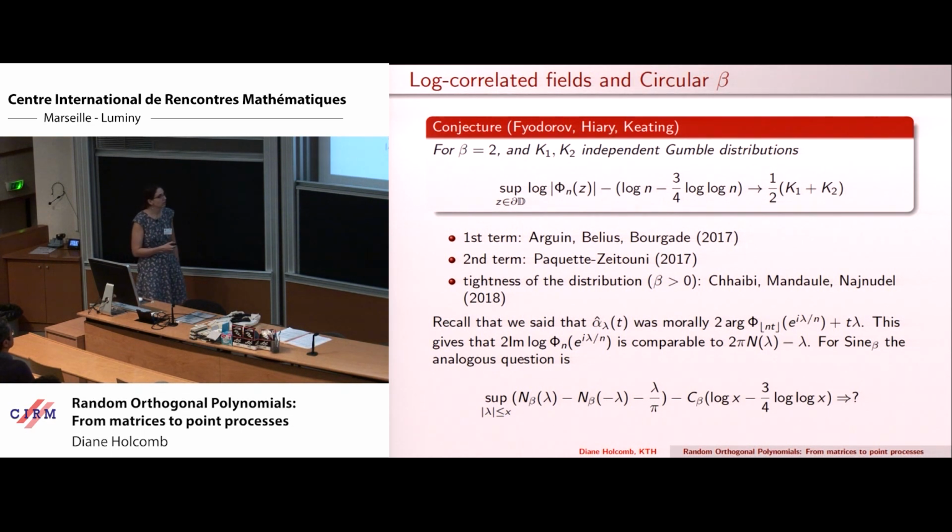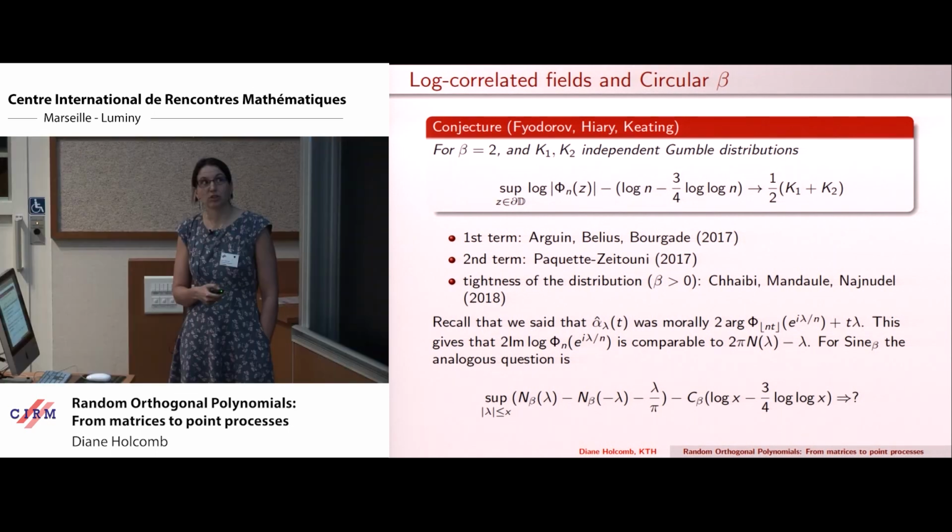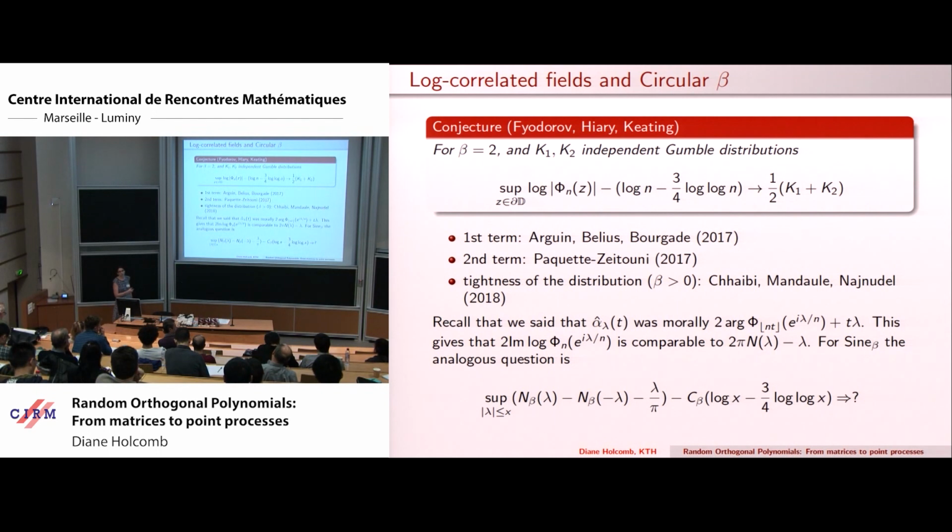So if you wanted to look at the imaginary part of the logarithm, so rather than looking at the log of the norm, you just took the log of the characteristic polynomial and you looked at the imaginary part of that, it should have the same types of behavior. So if you look at the imaginary part of that, this should be comparable to looking at twice the counting function, basically the centered counting function times 2 pi, right?